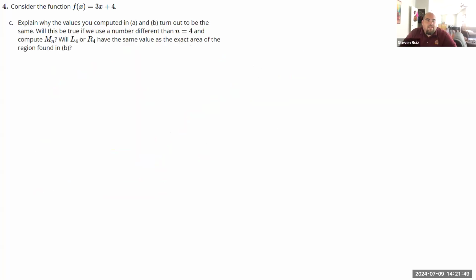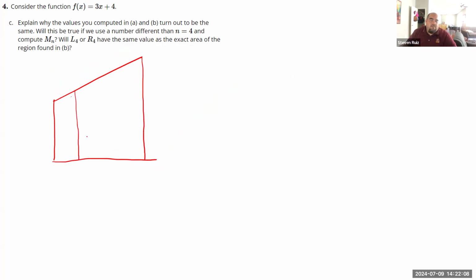What else are we asked about part C? Will L4 or R4 have the same value as the exact area? So let's draw the trapezoid again. Instead of now, I still want to split it up into 4 subintervals, but now I want to take left rectangles, which means my rectangles are going to look like this.